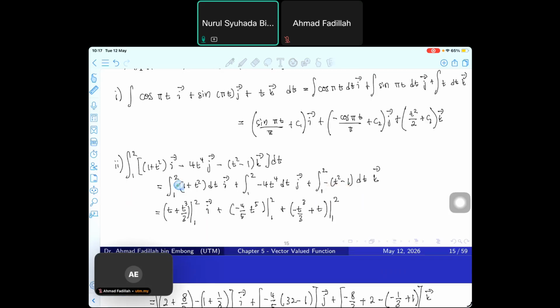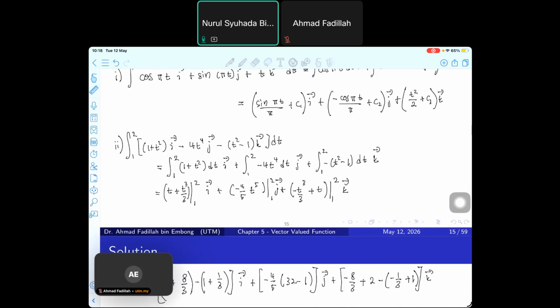Integrating 1 minus t squared is equal to t minus t cubed over 3, with limits from 1 to 2 for the ith component. Keep in mind, you have the ith component, j component, and kth component, so you cannot combine everything. That's why we need to do it one by one. Over here, I missed some information, so there will be the j and also kth components.